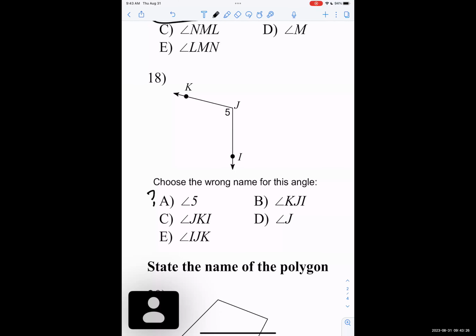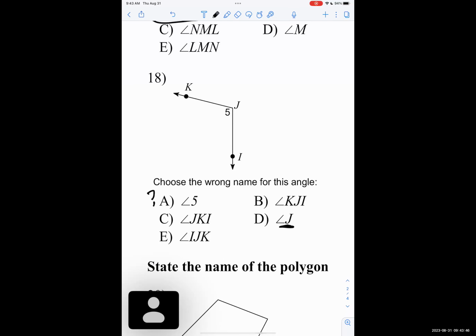You are correct. I love it when you guys respond by direct message because then it doesn't give the answer away to everyone else. You are correct, Mariska. So number 5, yes, we could call it 5.